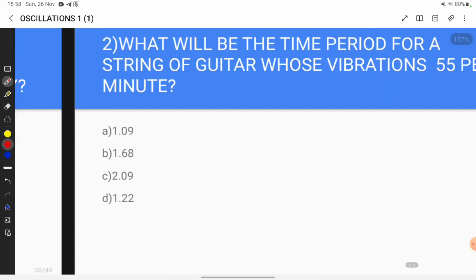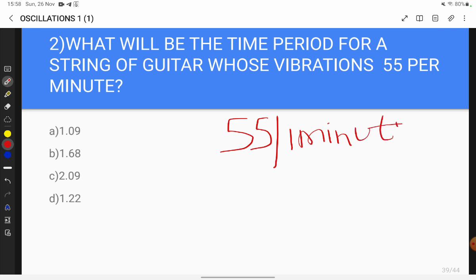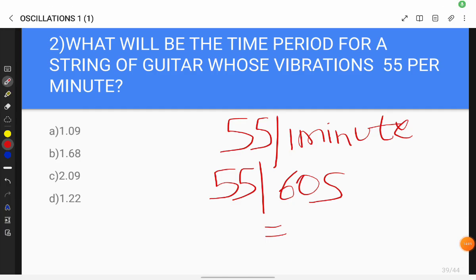Next, what will be the time period for a string of a guitar whose vibrations are 55 per minute? So let's solve this question. 55 vibrations per 1 minute. Now we have to find out the time period. So 55 by 60, because 1 minute consists of 60 seconds. So it will be 0.91, actually the time period in seconds, but that option is not there.